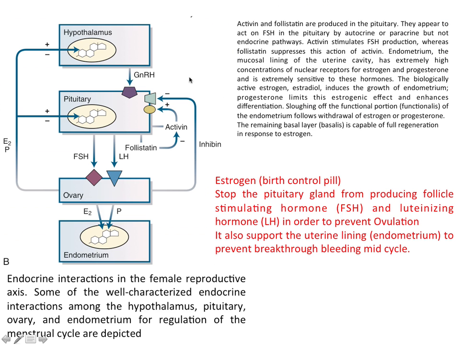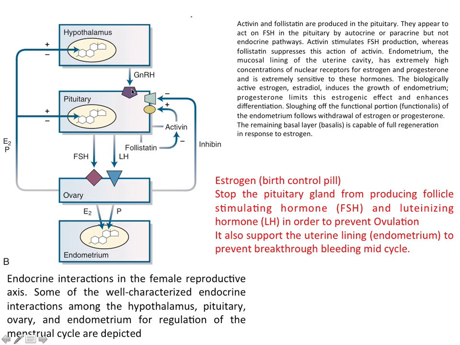Now here I will discuss how this tight coordination works between these organs. The hypothalamus starts producing GnRH, gonadotropin releasing hormone, and the receptors for this GnRH are found on the surface of the pituitary gland, particularly in the anterior lobe of the pituitary.